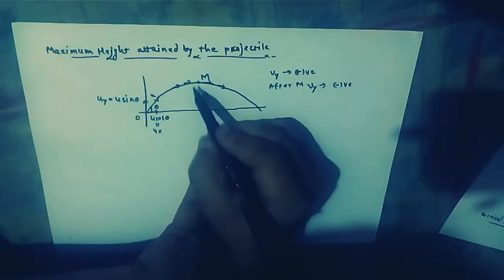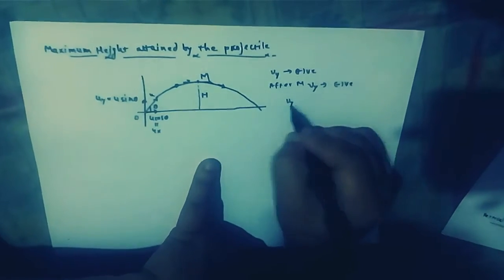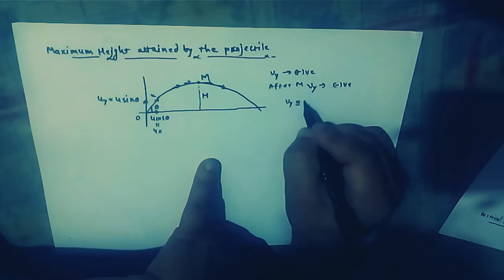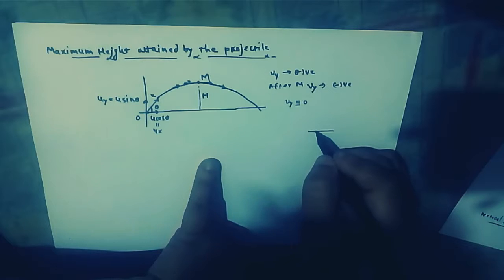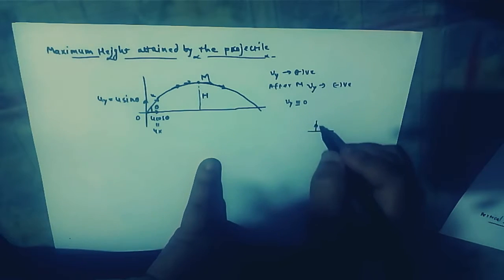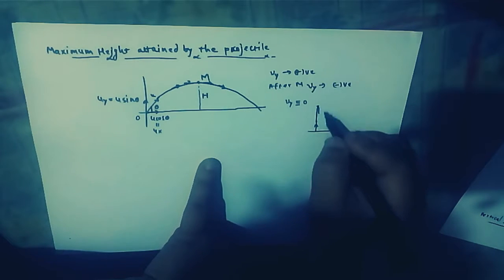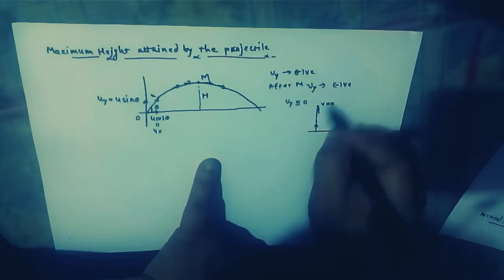It means that at point M the velocity component should be 0. We have also noticed that if you throw a body upward, it will go up and then come down. At its maximum height, its velocity becomes 0.